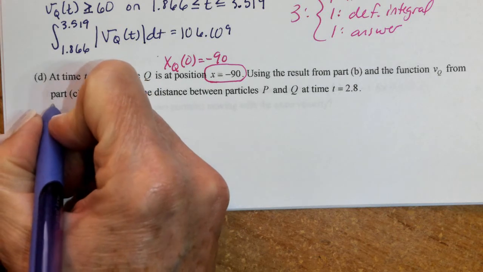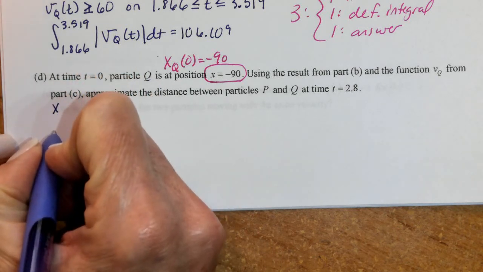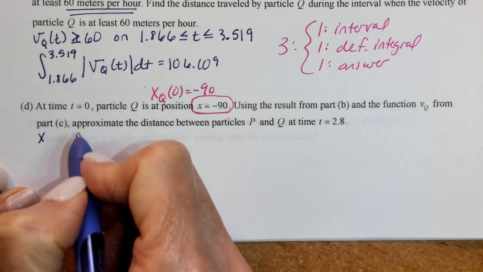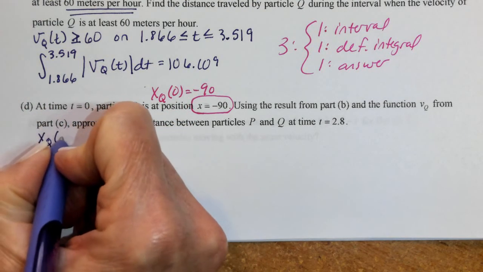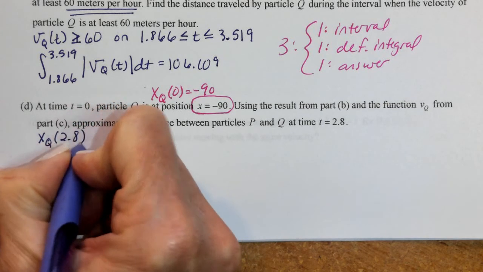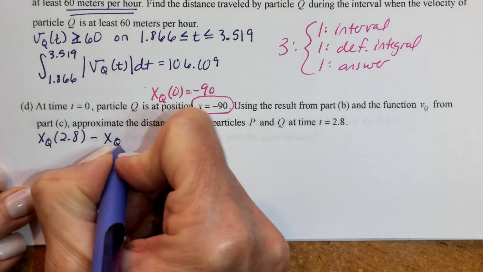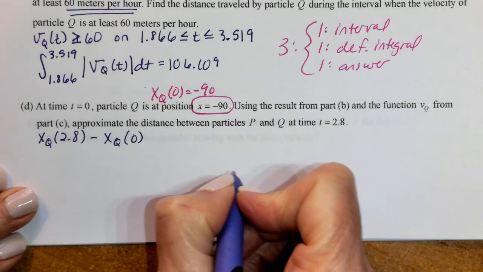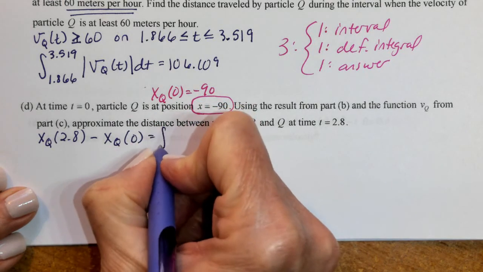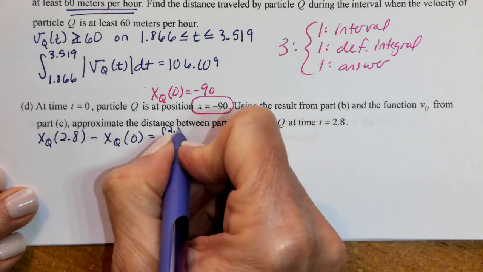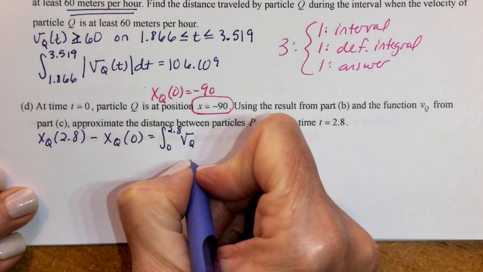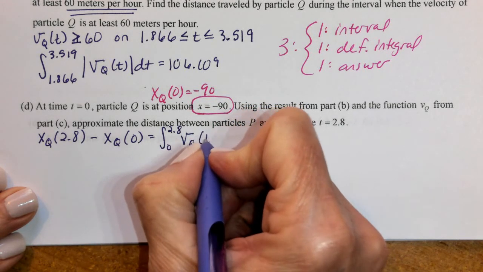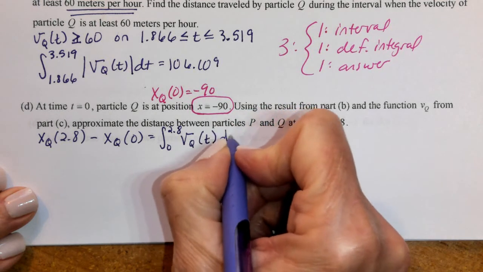So I'm going to do q first, because I get to use my calculator for that. I have the function for that. So x sub q at time 2.8 minus x sub q at time 0 is the integral 0 to 2.8 of the velocity of q, that's x prime of q, at time t dt.